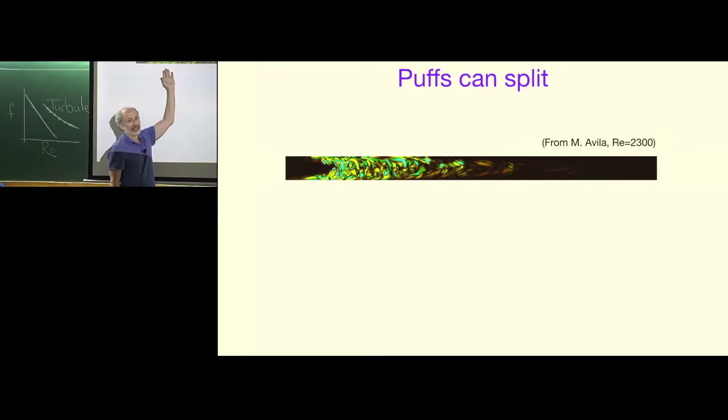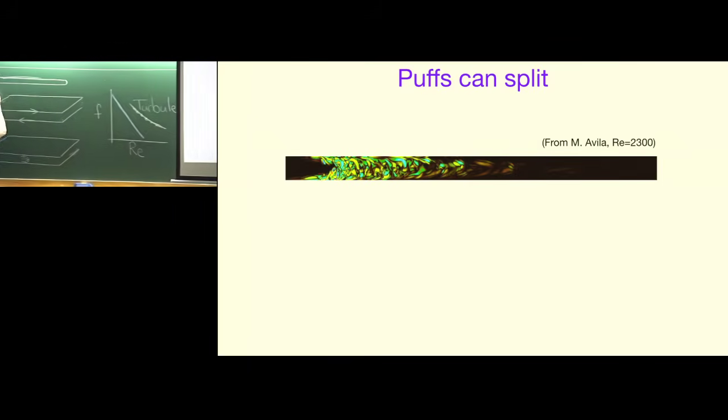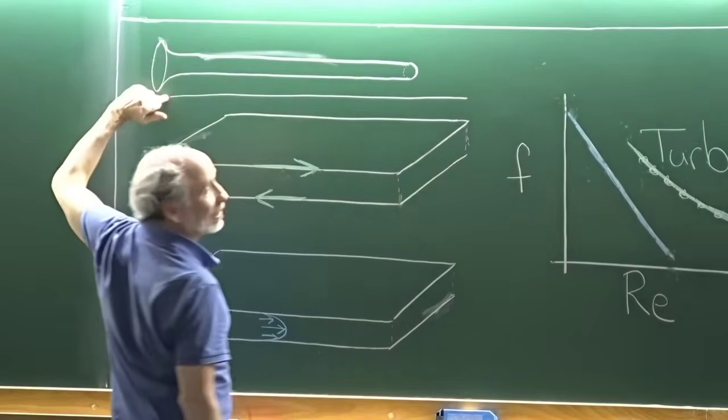The scales that we're interested in here are very long on the scale of this phenomenon. This is blown up by a factor of 2, but let's not worry about that. The turbulence that you see in a pipe is roughly of the scale of 10 pipe diameters in streamwise length. What you have to imagine is that the pipe really looks more like this, probably thinner than that piece of chalk.